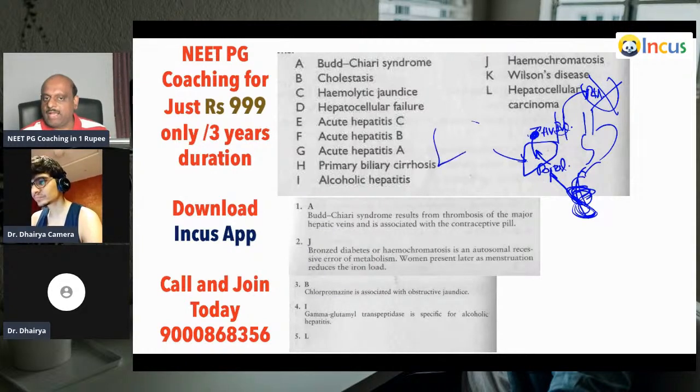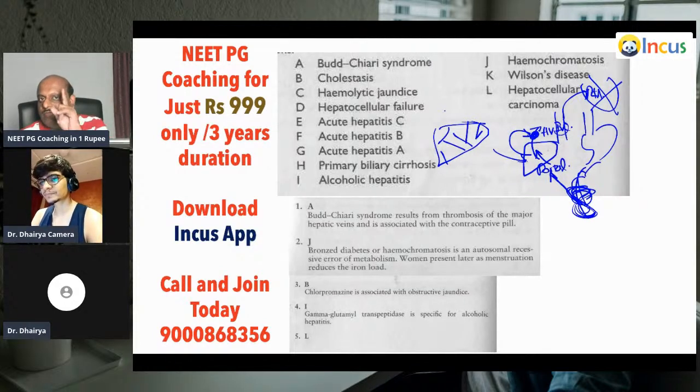But if you look at Couinaud's classification, the liver has so many segments. So all the segments drain into the hepatic vein, but there is only one exception. The caudate lobe is the only lobe of the liver which directly drains into the IVC without draining into the hepatic vein.